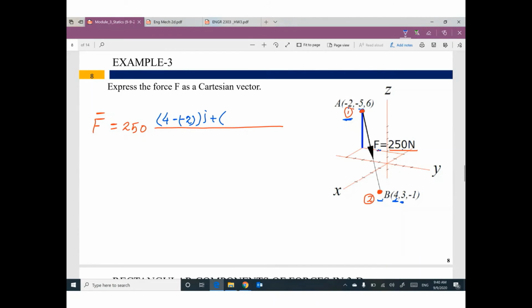So we have 3 minus 5, j. Z coordinate minus z coordinate. So we have -1 minus 6, k. Divide by the square root of 6 squared, plus 8 squared, plus (-7) squared.